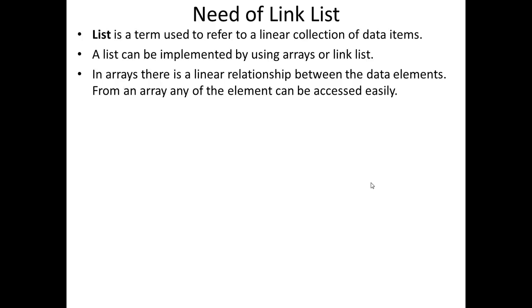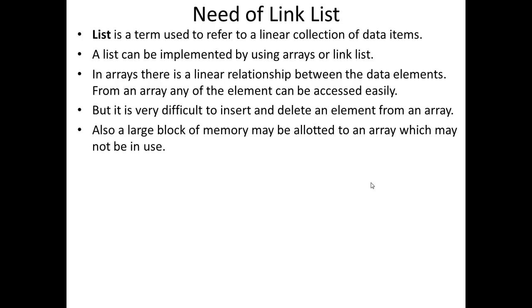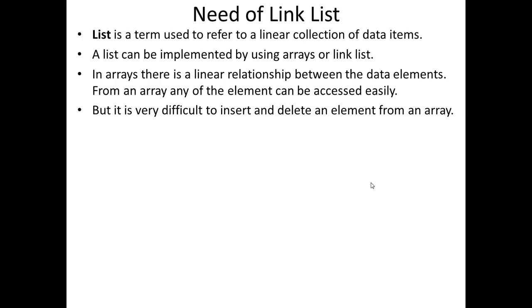So in arrays, there is a linear relationship between data elements. From an array, any element can be accessed easily, but it is very difficult to insert and delete an element from an array. Why is it very difficult to insert and delete an element from an array? Imagine an array containing 1000 elements and you want to insert a new element at index number 2.